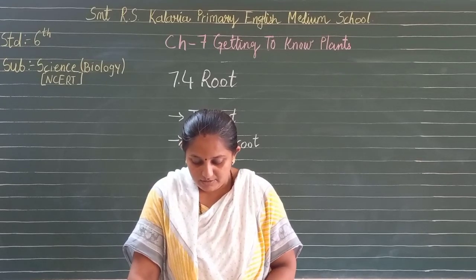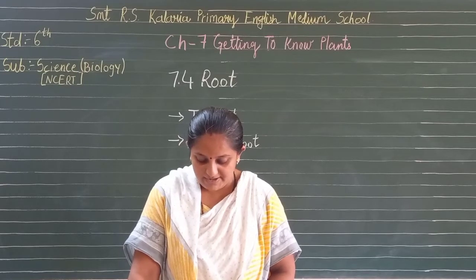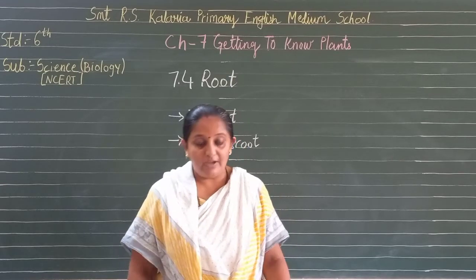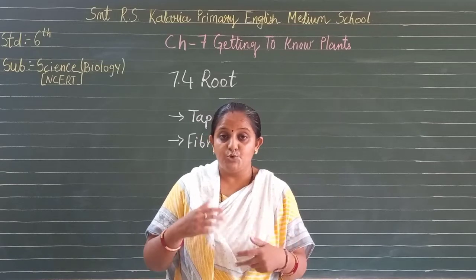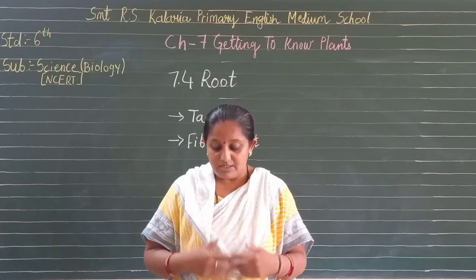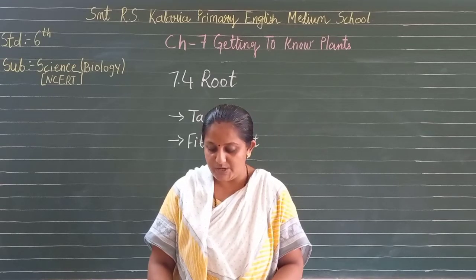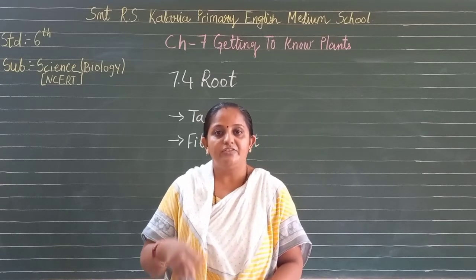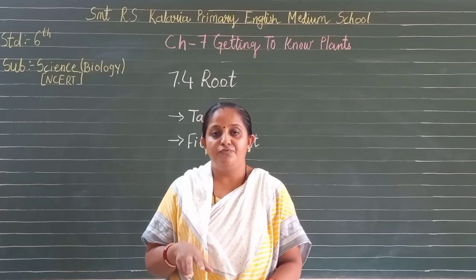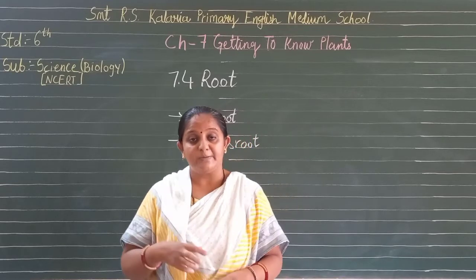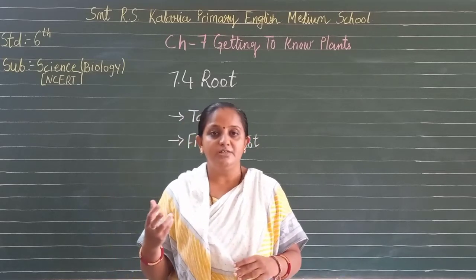Now look at the figure over here. The stem is like a two-way traffic signal, where the stem supplies water and minerals in two ways. There are xylem and phloem vessels which you will understand in higher classes. The xylem and phloem are the two vascular tissues which supply water and minerals in the plants.